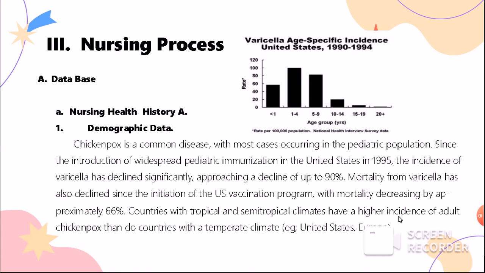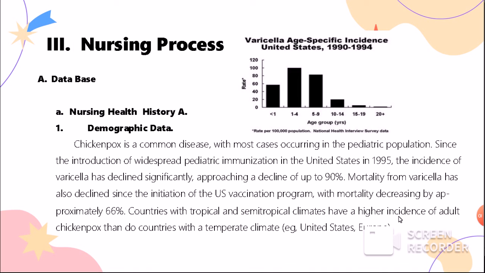So here, as you can see, we have a database, a varicella age-specific incidence, United States. So, nursing health history. We have here a demographic data. Chickenpox is a common disease with the most cases occurring in the pediatric population. Since the introduction of widespread pediatric immunization in the United States in 1995, the incidence of varicella has declined significantly, approaching a decline of up to 90%.